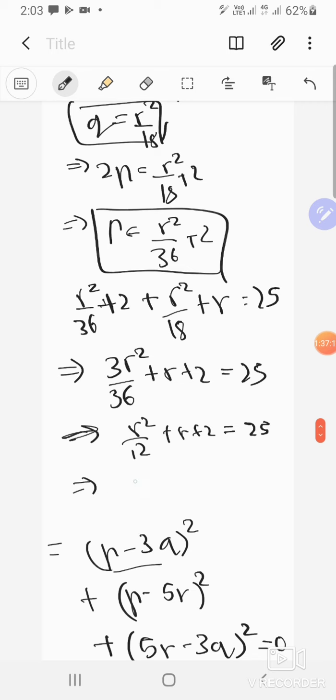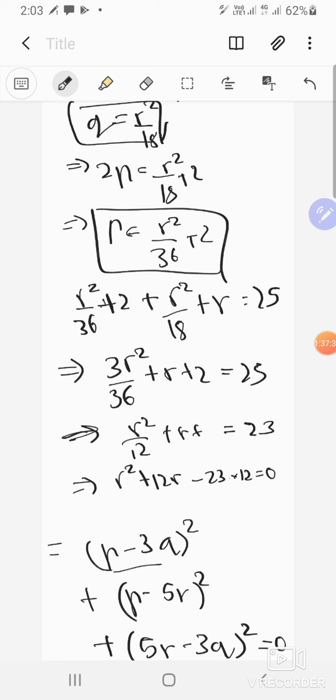So let's multiply this by 12, so that gives me r squared plus 12r plus 24. You know what, it has to be 23 then. So minus 23 into 12 has to be equal to 0.